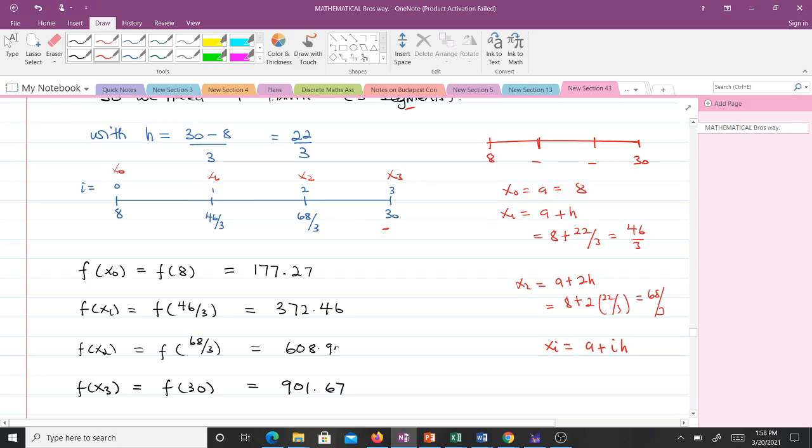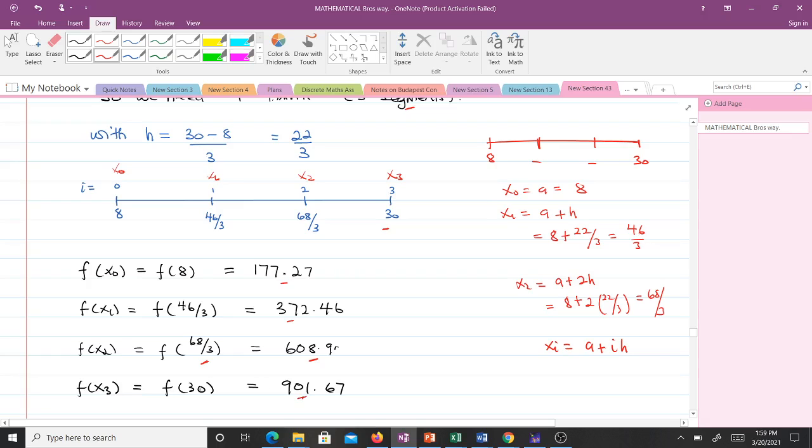So since we have the values for x0, x1, x2, and x3, we can put them inside the function to find the functional values at those points. So f of x0 is equal to f of 8, which is this. F of x1 is f of 46 over 3, which is this. And f of x2 is f of 68 over 3, which is that. And f of x3 is f of 30, which is that.